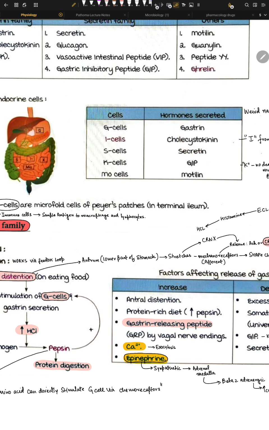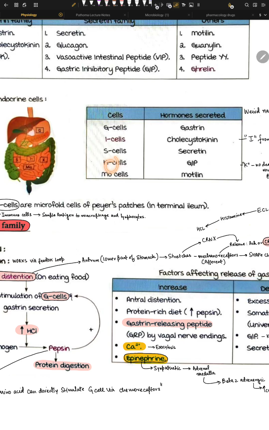It's a general theme in the body that whenever there is production of either acid or bicarb, there will be production of its counterpart. For example, if I'm producing some bicarb, I will be producing some acid elsewhere so that I am neutralizing it. So if my lumen has acid, my basolateral side, the blood side, will have some sort of base, and vice versa.